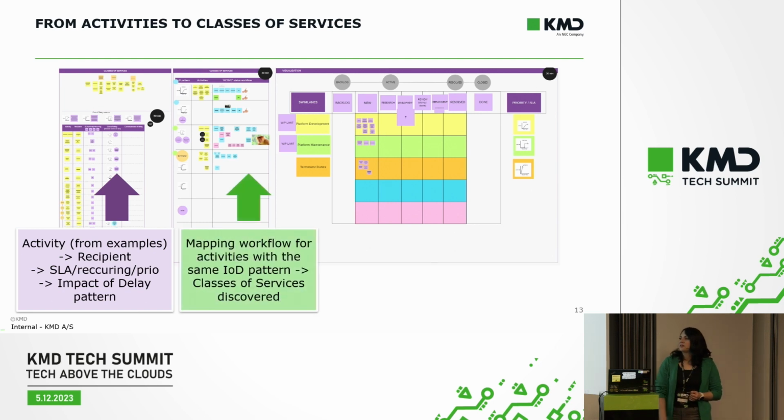Then, for those activities, we mapped the workflow so that we can see if we treat them the same way in our system. We used the impact of delay patterns not to define, but to discover the classes of service. And what is a class of service?